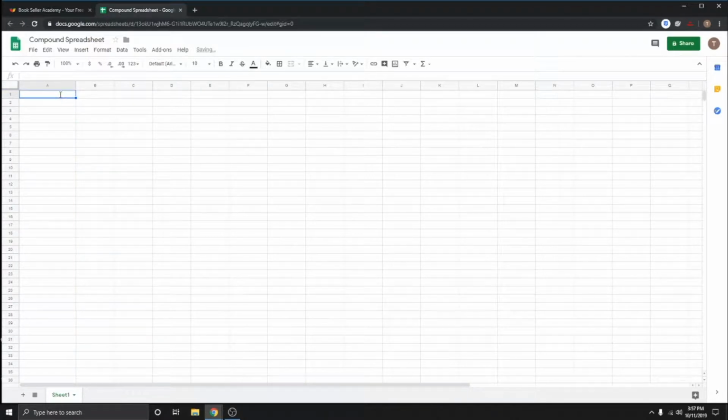So we're going to do an investment field here. What are the profit margins I should really consider? How much do I need to reinvest each month?